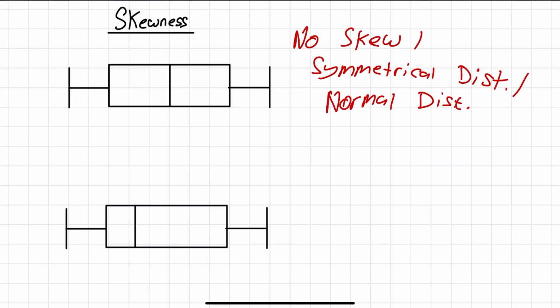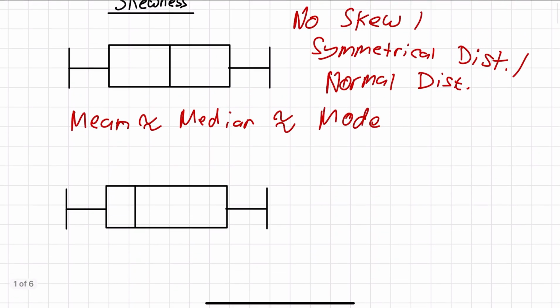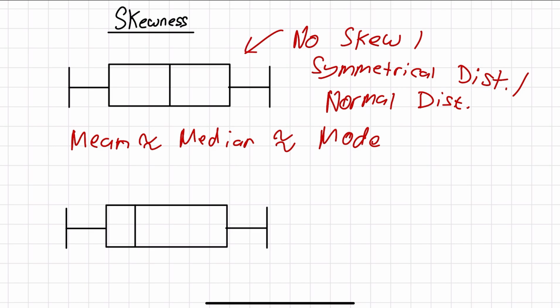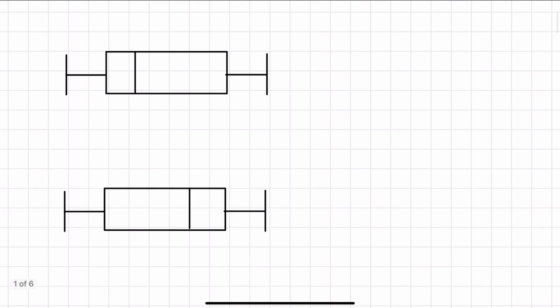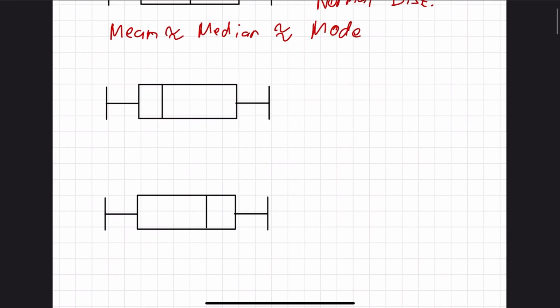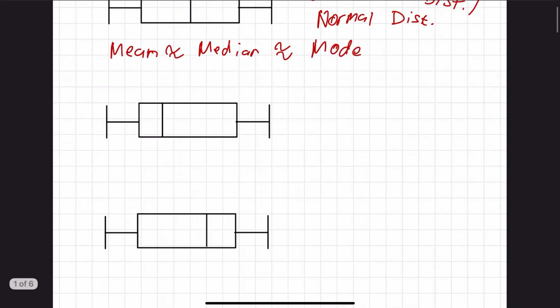And remember, your normal distribution is when your mean is approximately equal to your median, which is approximately equal to your mode. So no skew, symmetrical distribution, normal distribution, either or.